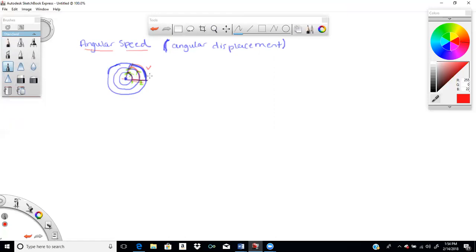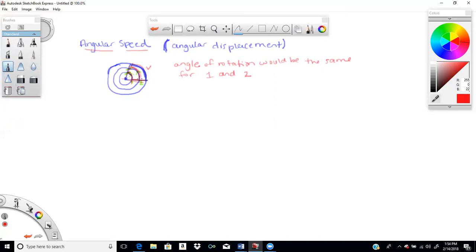So basically, the angle of rotation would be the same for 1 and 2. We'll say this is horse 1, this is horse 2, so that angle of rotation will be the same.